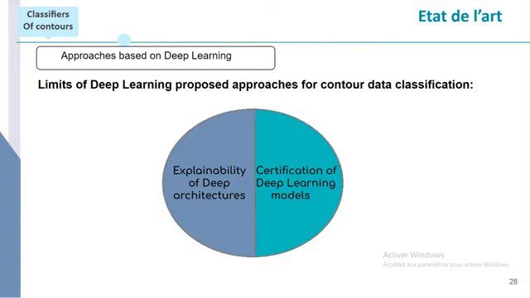So the problem with this existing architecture, and with most of the works in deep learning, and since we are interested in contours, we are studying this one, is that the limits are mainly the explainability of the architecture first, and second, the certification of the model itself. Let's explore together.